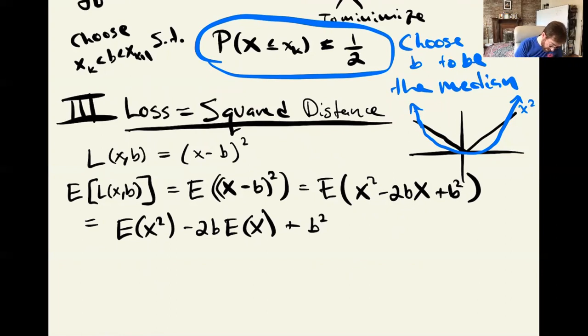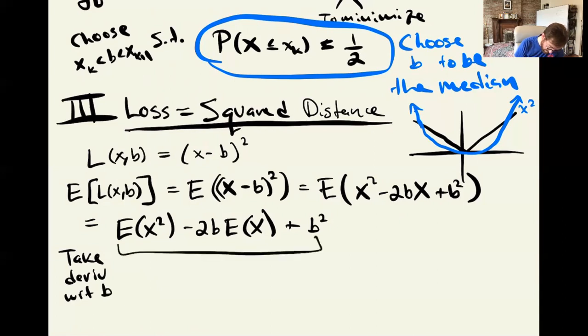So now let's do the same thing. Let's take the derivative with respect to b. Well, expectation of x squared doesn't depend on b, so that goes away. Then I have minus 2 expectation of x, because b differentiates to 1.